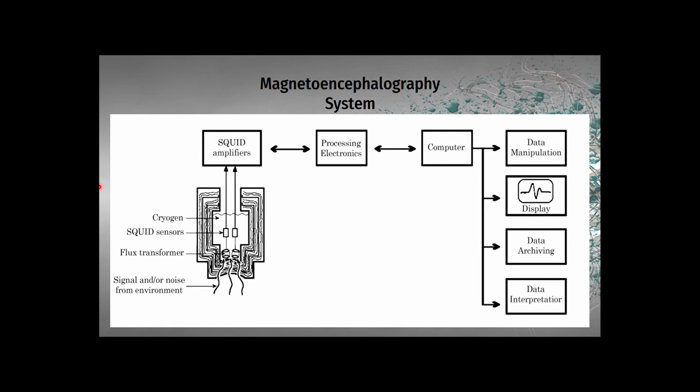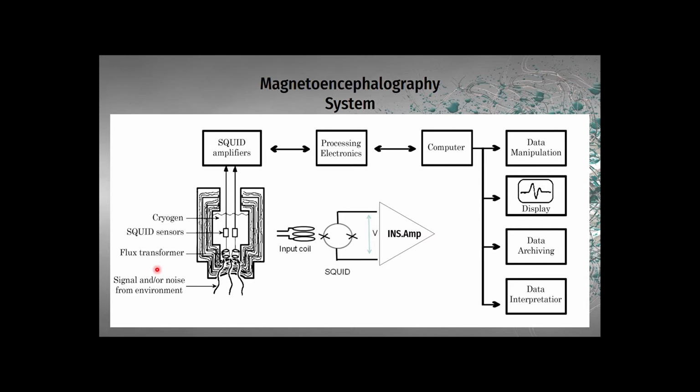Now, this is the basic schematic of the magnetoencephalography. As you can see here, we have the magnetoencephalography device with the flux transformers receiving the signals. Now, actually all the components from this point on are the same as those of the EEG, because the signal that's going to be obtained from the SQUIDs is actually a voltage signal.